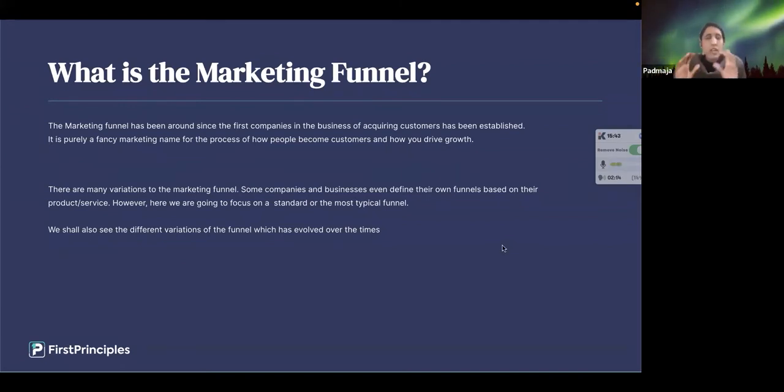It's all nothing. It's a very simple concept of how to get a user to sign up and remain as a user. It's just a fancy term for getting a person hooked onto your product, use it, and become a brand advocate. So the whole user journey is what we call a marketing funnel.